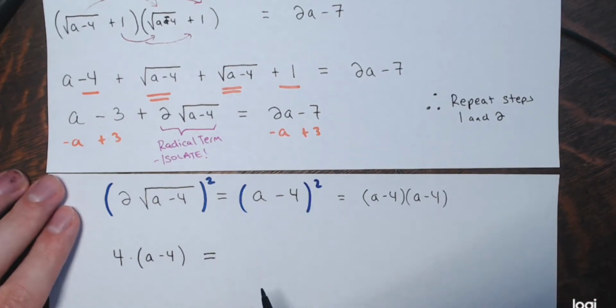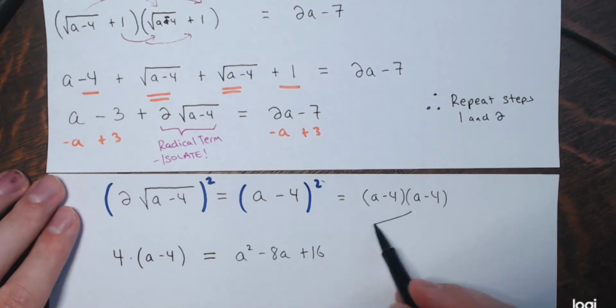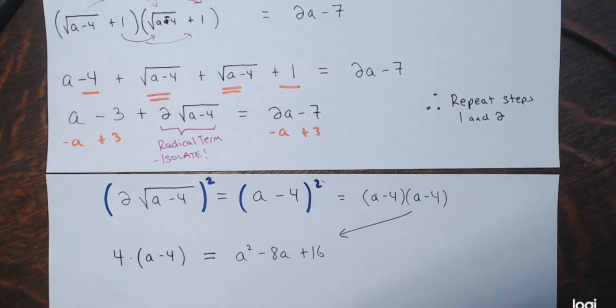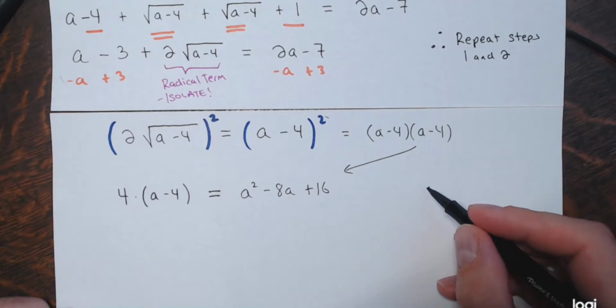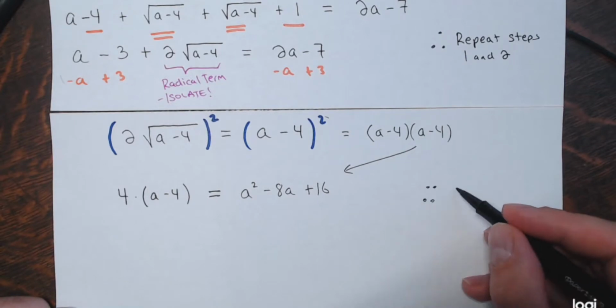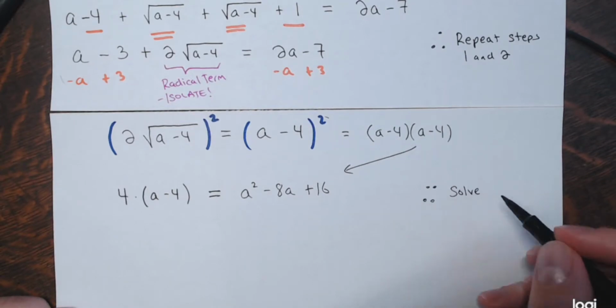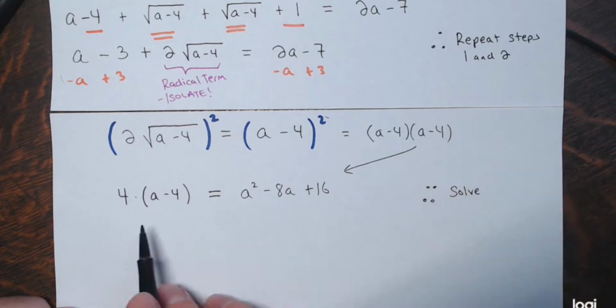Please don't do that. You can't distribute powers over sums and differences. You have to multiply it out like this. This would be a squared minus 8a plus 16. Right? When you multiply those two together, FOIL and combine like terms. Alright, then solve the resulting equation. Because after doing those first two steps twice, you should have a polynomial equation.